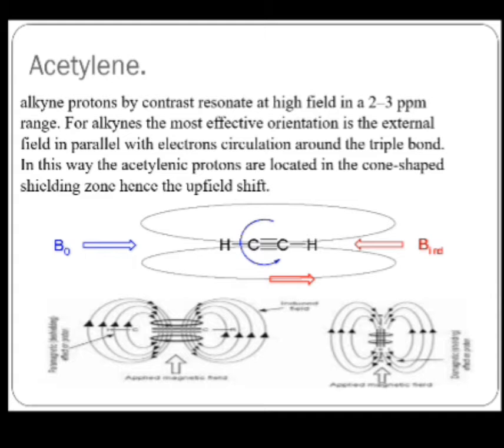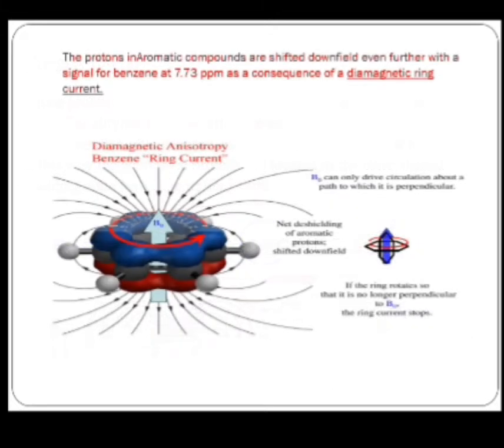In this way, the acetylene protons are located in the cone-shaped shielding zone, hence an upfield shift is shown for those protons. In the case of the benzene ring, the protons in aromatic compounds are shifted downfield even further, with the signal for benzene at 7.73 ppm as a consequence of the diamagnetic ring current.